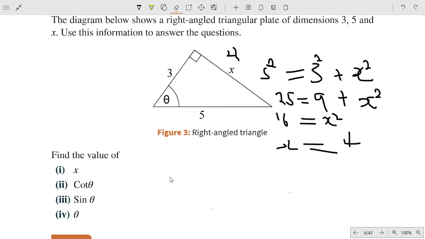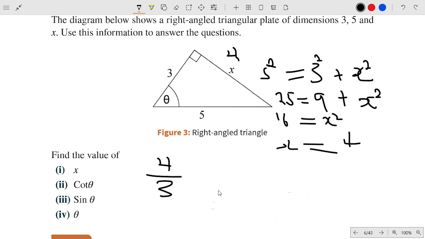Okay, so we know our x to be 4. Now let's go to cot. Now if you know that tan is opposite on adjacent, we have x on 3. But x is 4, so we have 4 on 3.